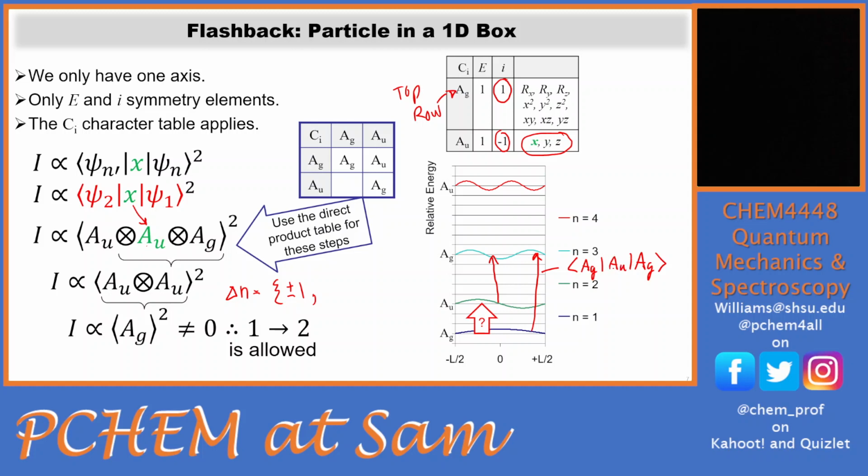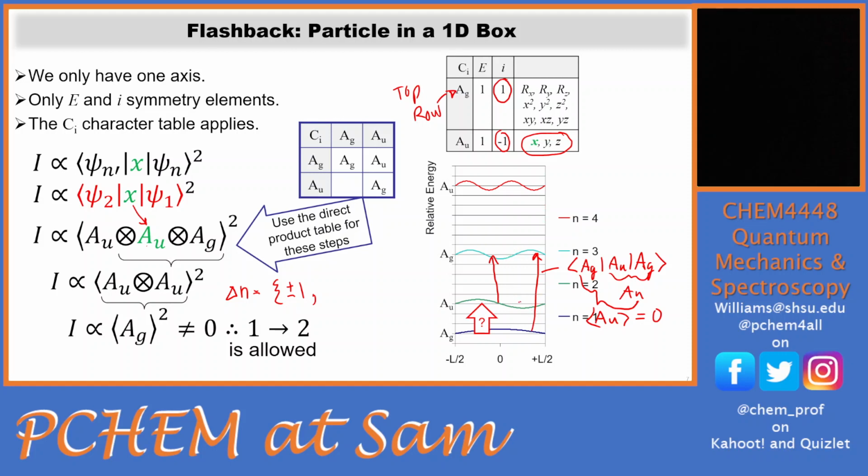And so that's going to poison the whole show because we have an odd times an even, which makes it odd. And then we have an odd times an even, which makes it odd again. So our result is going to be AU, which is equal to 0. So going from AG to AG is not going to work. So that's a delta N of 2.